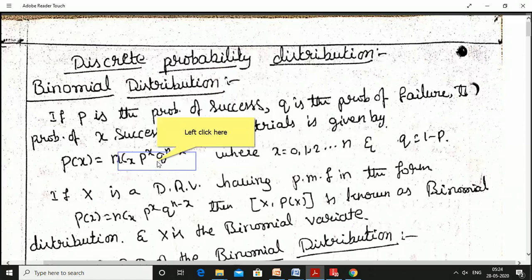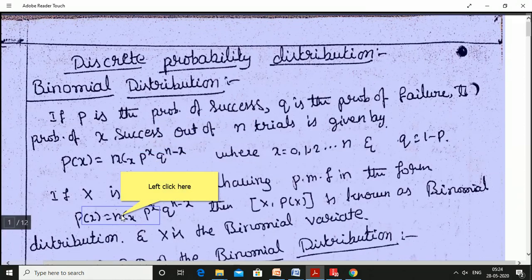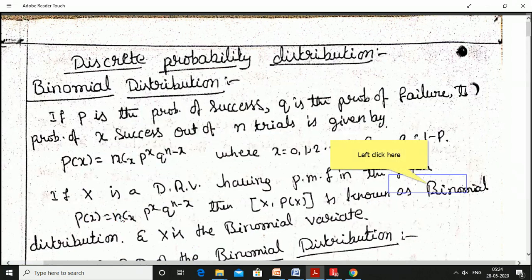Also, Q is equal to 1 minus P, or else P plus Q is equal to 1. If X is a discrete random variable having probability mass function in the form P of X is equal to nCx P power X Q to the power of n minus X, this is the probability mass function of the binomial distribution. You need to remember this probability mass function: P of X is equal to nCx P power X Q to the power of n minus X.